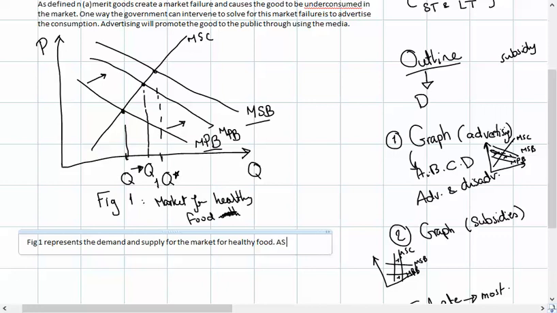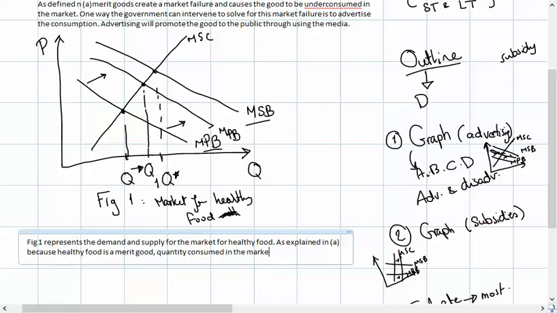As explained in A, because healthy food is a merit good, the quantity consumed in the market is Q, which is lower than the socially optimal Q star.